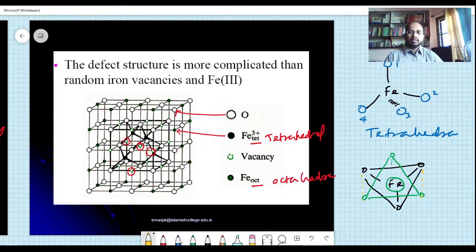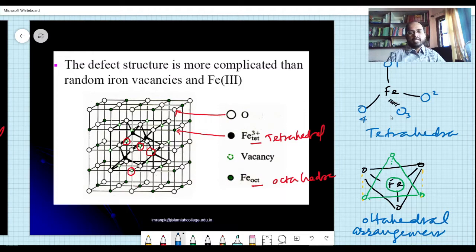So an ion in the tetrahedral arrangement is moving into the octahedral arrangement only within the cubic lattices, and that is because of the Frenkel defect present in that.